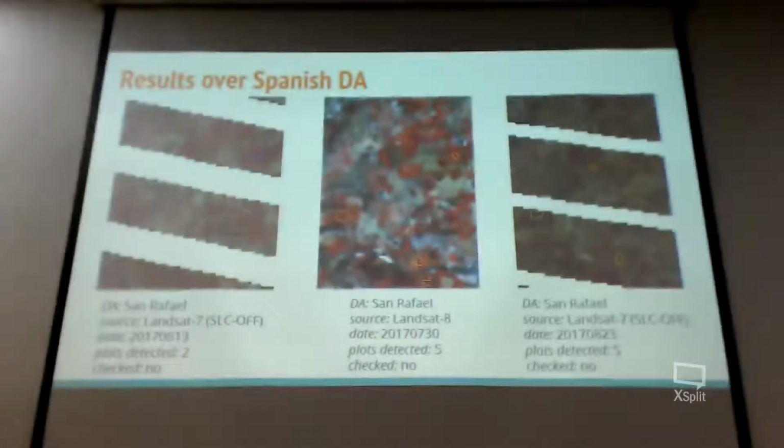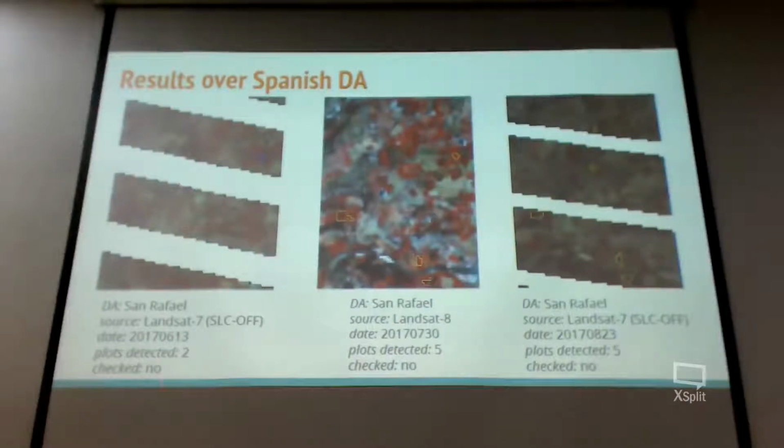At last you can see the results of the Spanish demonstration area. So here you can see the Landsat 7 image that has some problems. I don't know if you work with these images. It has some problems with stripes because the detector has some problems, but where the data is available, it is a very good instrument.